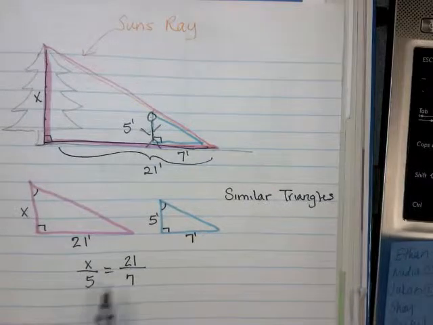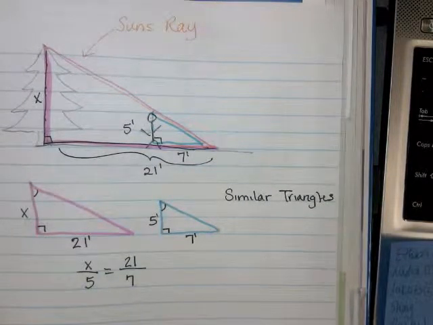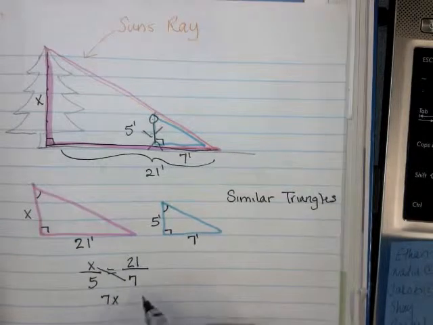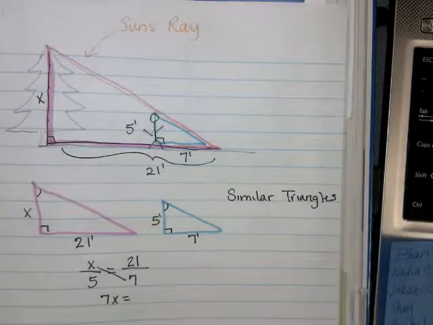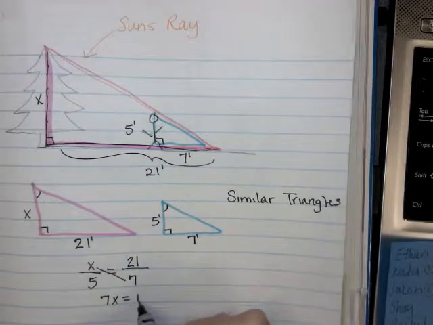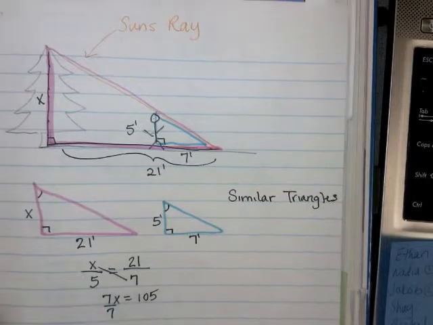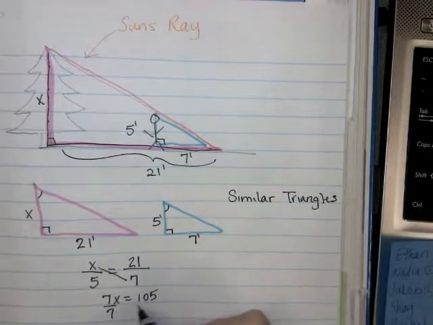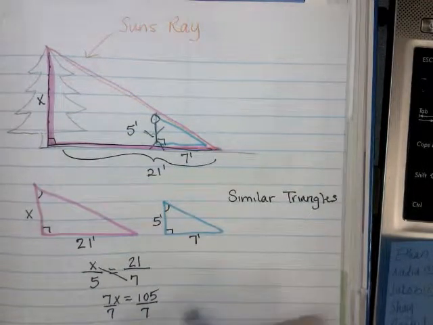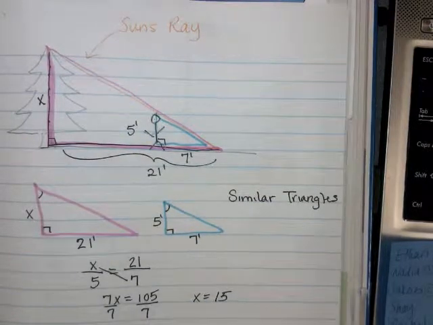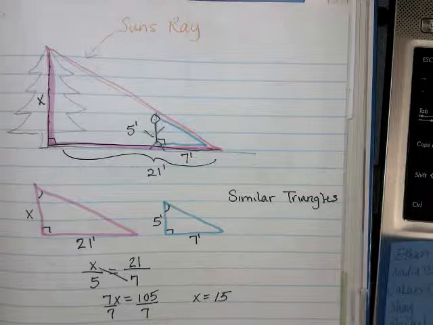A ratio of corresponding sides. And now we cross multiply. 7 times x is 7x. And that should be the same as 5 times 21, which is 105. Divide both sides by 7. And x equals 15. So the height of that tree would have to be 15 feet.